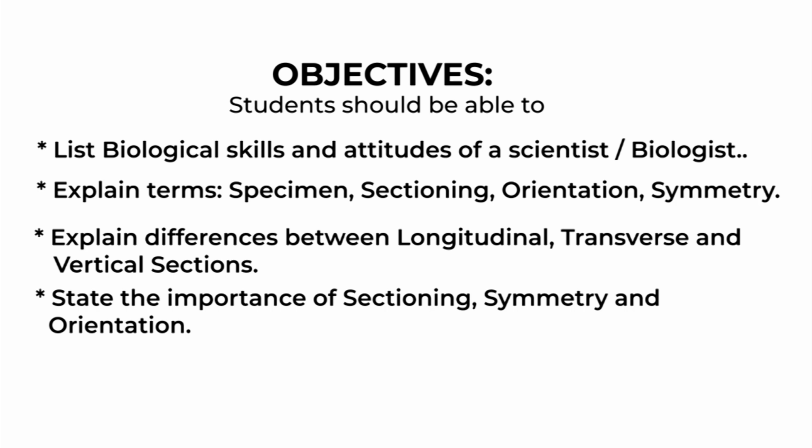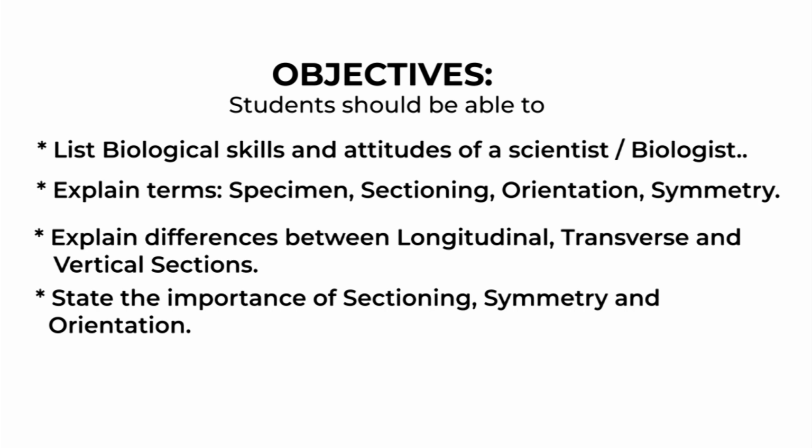Then you should also be able to find the differences between longitudinal section, transverse section and vertical section, and then explain the importance of these different sections, and then the importance of symmetry and the importance of orientation.